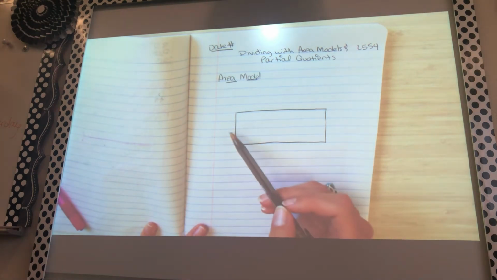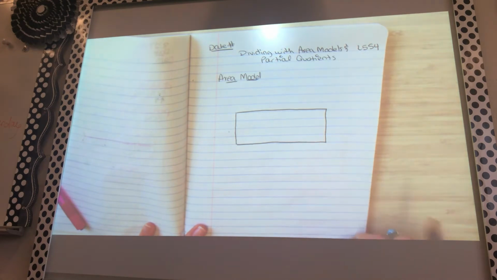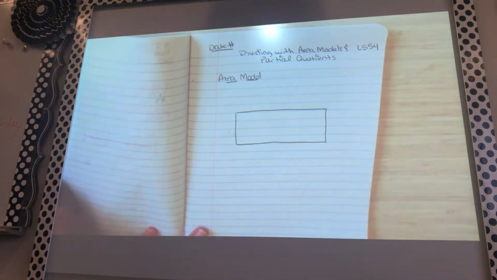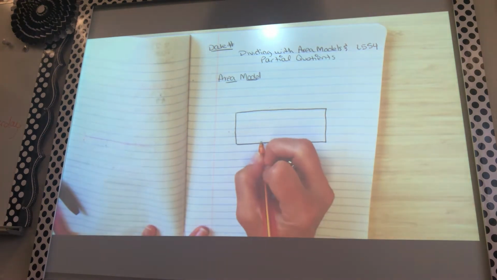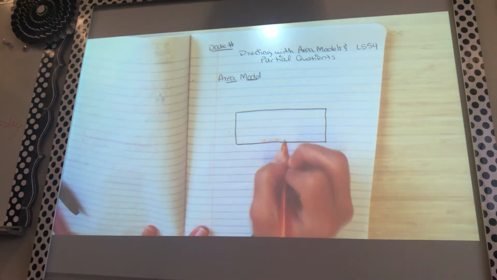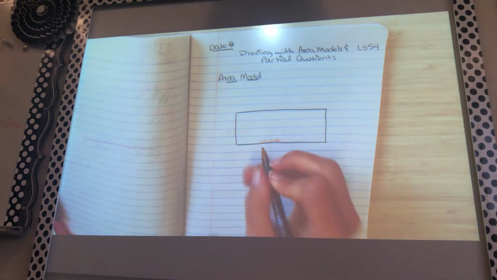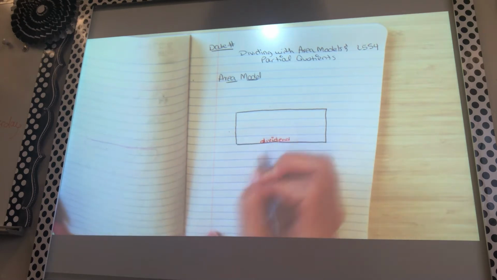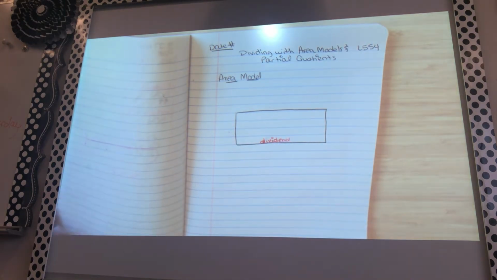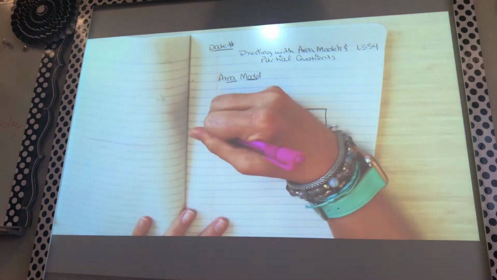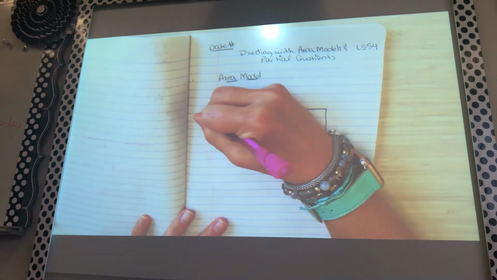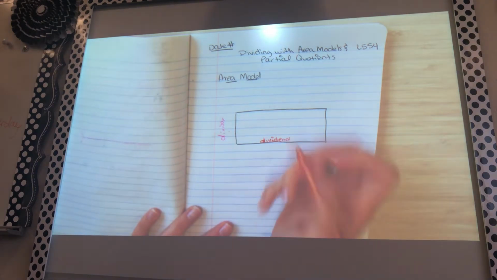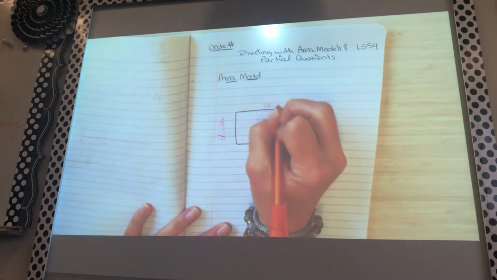So, just like before you would do factor times a factor equals the product in the middle, but just switch it up a little bit, and now your dividend is what's in the middle. Your divisor is on the outside, and your quotient is going to be at the top.